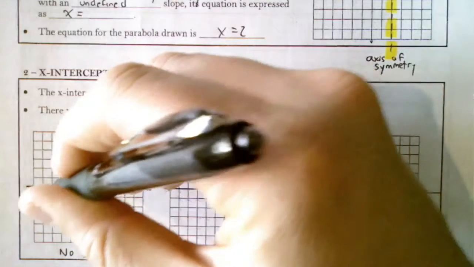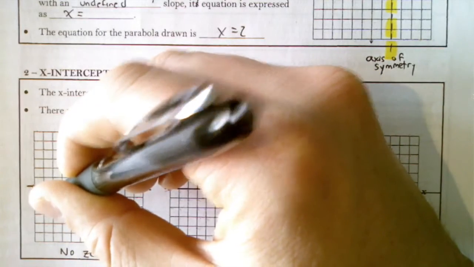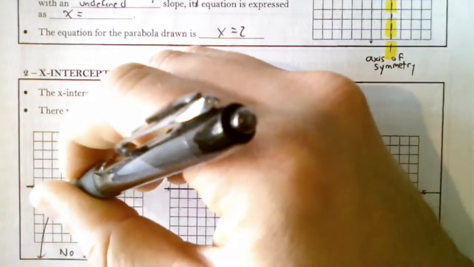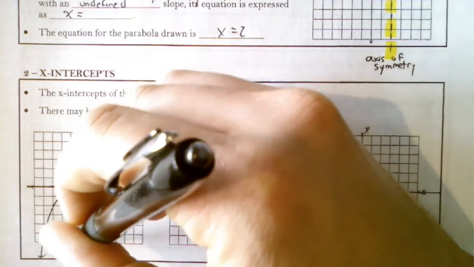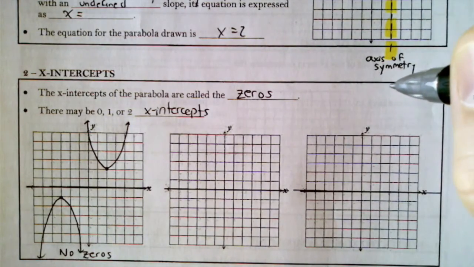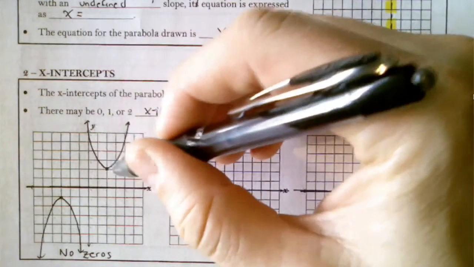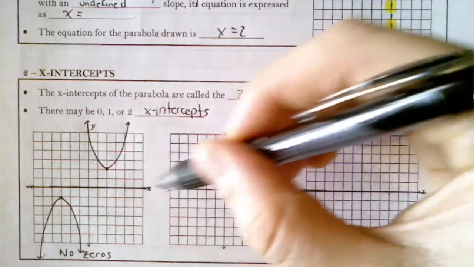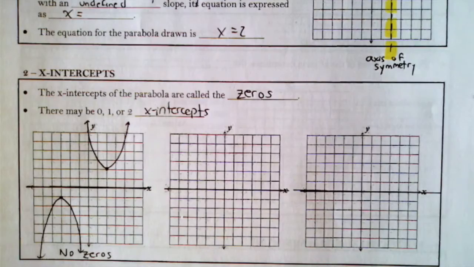And if I draw another one, let's go below this time. There's another parabola that does not cross the x-axis. So we either have to have a parabola that's above the axis and opens up, or below the axis and opens down, and it will have no zeros, no x-intercepts.